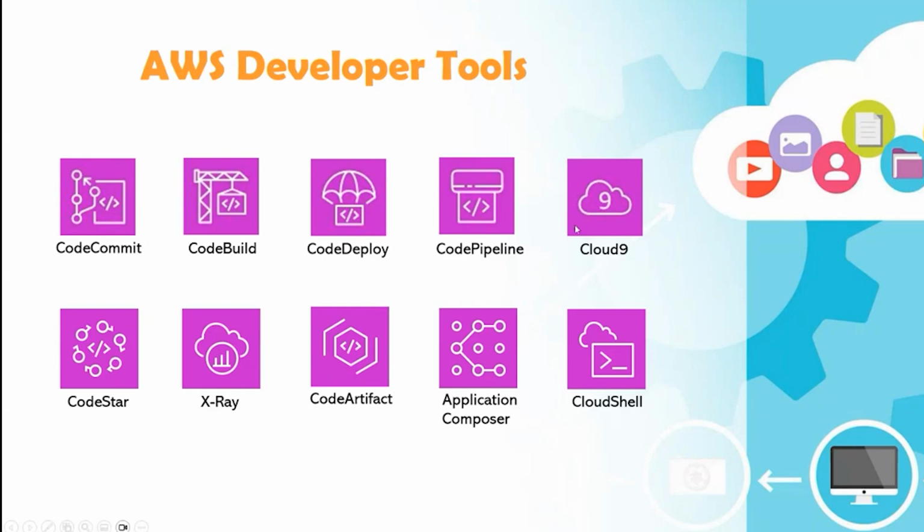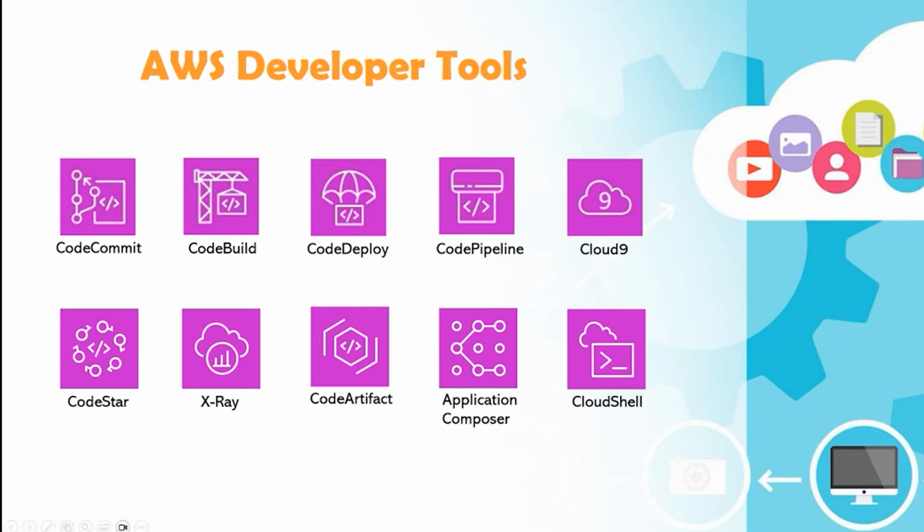Next, Cloud9. It's a very good service because it's similar to VS Code or IntelliJ IDE, but this one runs in the browser. It's a cloud-based integrated development environment that enables developers to write, debug, and test code in the browser. Next, CodeStar.